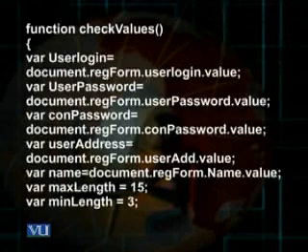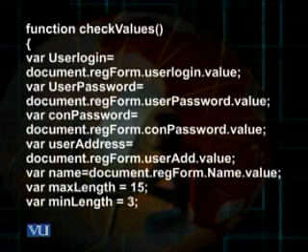Similarly, where userpassword equals document.regform.userpassword.value, this indicates that the value typed by the user in the form called regform in the text box called userpassword, that value should be given to the variable userpassword.